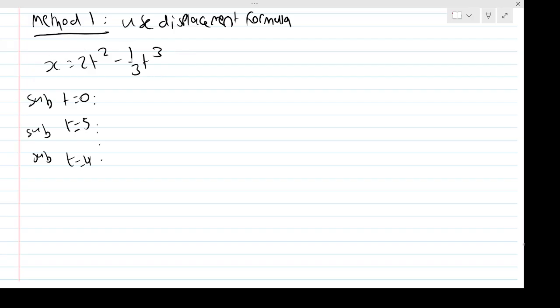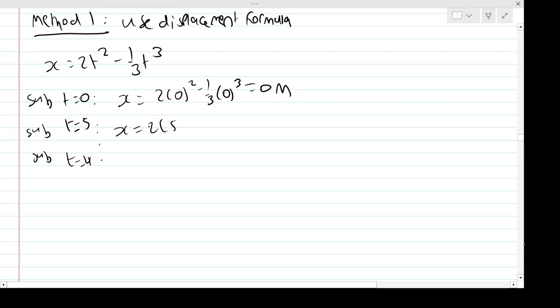So I'm going to substitute that into x. Firstly, at t equals 0, x is going to be 2 lots of 0 squared minus a third lots of 0 cubed, which is 0. Then when t is 5, x is 2 lots of 5 squared minus a third lots of 5 cubed, and that will get me 25 over 3.